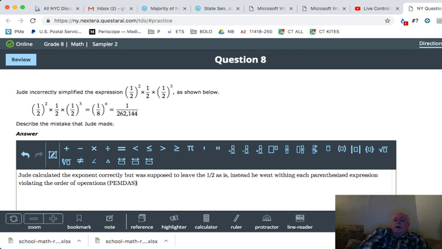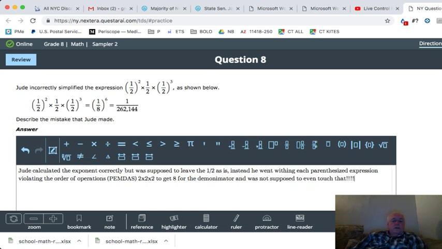So this is a violation of the order of operations, and the person did 2 times 2 times 2 to get 8 for the denominator. He was not supposed to even touch that.